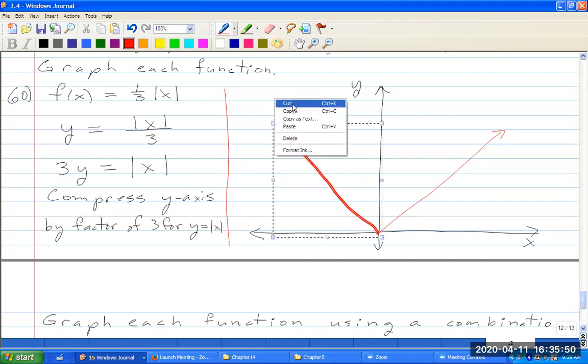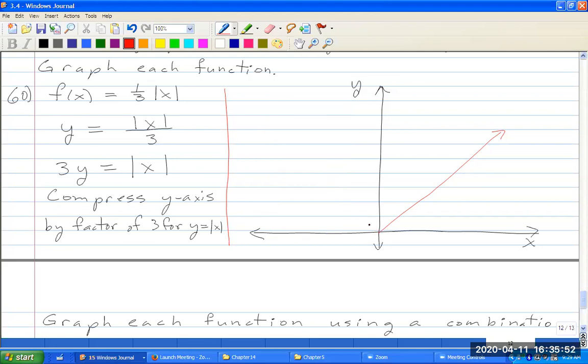Okay, so let's get rid of that. See if I can make it a little bit more symmetric. Okay, so now what I'm going to do here is compress the x-axis by a factor of 3.